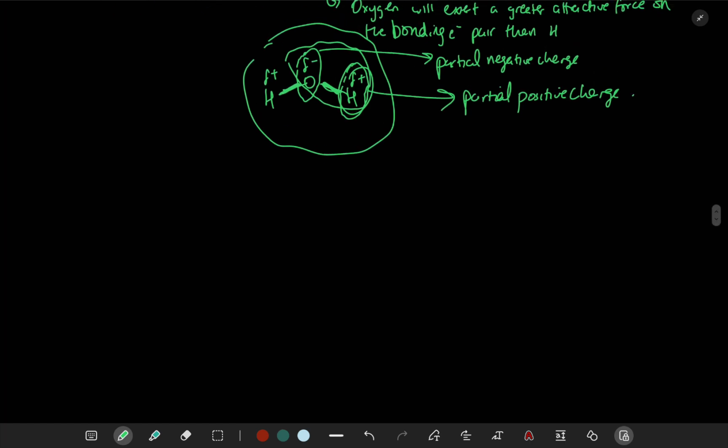We'll get to those as we go through these lectures, because the presence of these polar bonds in a molecule like water, for example, affects how that molecule will interact with other polar molecules. So specifically with water, because it's a polar molecule and it has polar bonds, it's going to be able to interact with other polar molecules, including other water molecules.